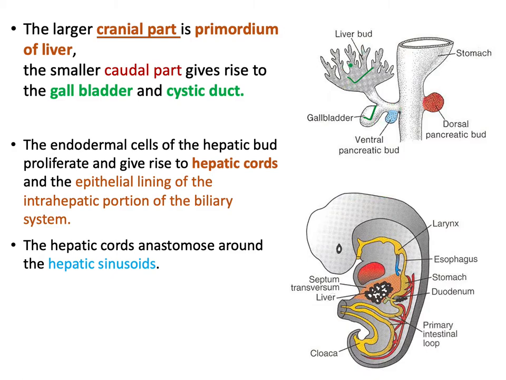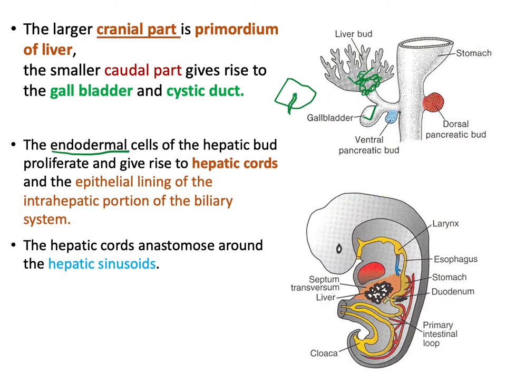Now, in the liver bud, the endoderm cells of the hepatic bud proliferate and give rise to the hepatic cords, right? If you take histology, you will understand what I'm saying, so I don't like to focus too much on that, but it's good to know that the hepatic cords in the liver are formed from the endoderm. Plus, the endoderm gives the epithelial lining of the intrahepatic portion of the biliary system.